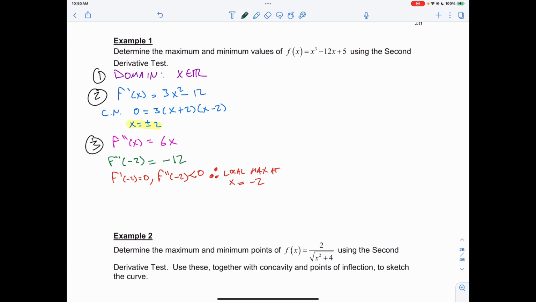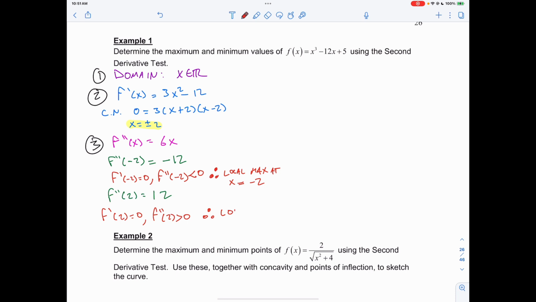When I try the other critical number, f double prime of positive 2 is going to give me positive 12. And in this case, I see that f prime of positive 2 is equal to 0, and f double prime of positive 2 is greater than 0, so it's going to be concave upwards.